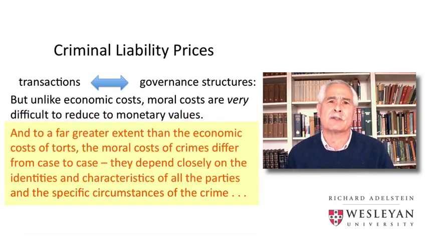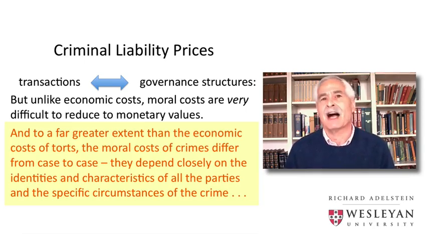A second difference between the costs of torts and the costs of crimes is that, to a far greater extent than the economic costs of torts, the moral costs of crime differ from case to case. Moral costs are radically individualized. They depend extremely closely on all of the circumstances of the case. It matters who the victim is.